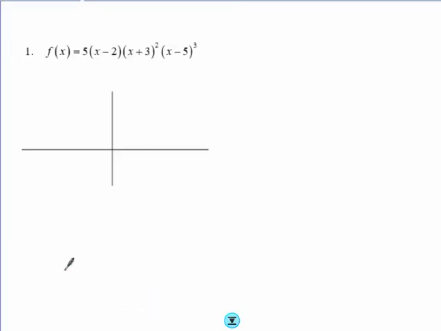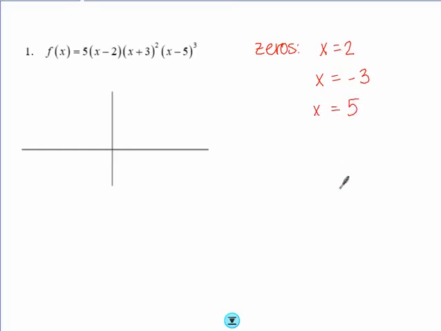So let's take a look at this function. We have f of x equals 5 times (x minus 2) times (x plus 3) squared times (x minus 5) cubed. From this, I can determine that the zeros of this function are x equals 2, x equals negative 3, and x equals positive 5.